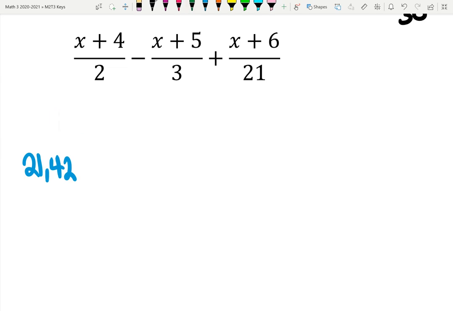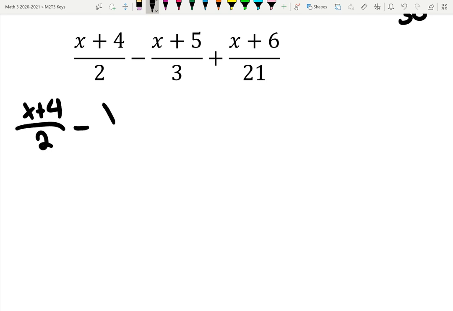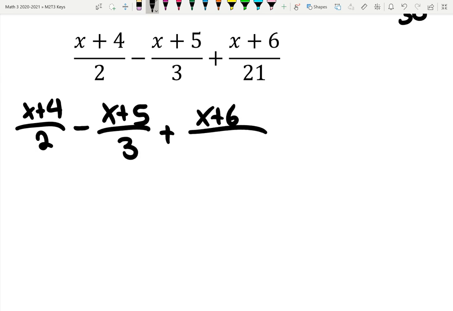Let me show you with factored form what that looks like. So x plus 4 over 2 minus x plus 5 over 3 plus x plus 6 over 7. And I treat 7 and 3. They have a 3 in common already.